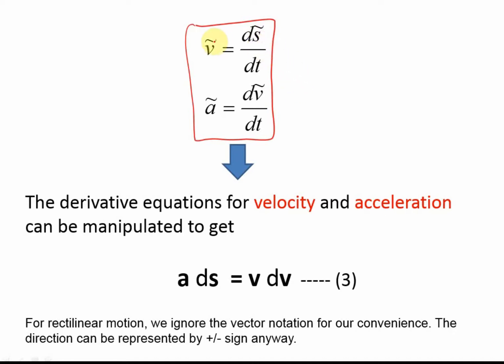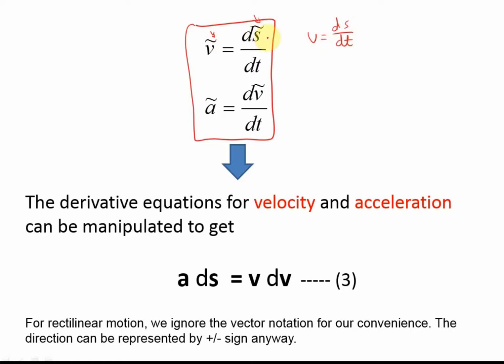Right now I put those kind of vector superscript. As long as we talk about translational motion, for our convenience, sometimes we omit those superscripts. Sometimes we just simply write down ds over dt.